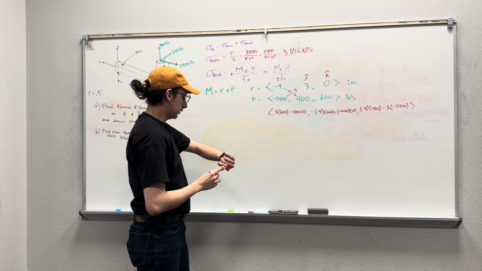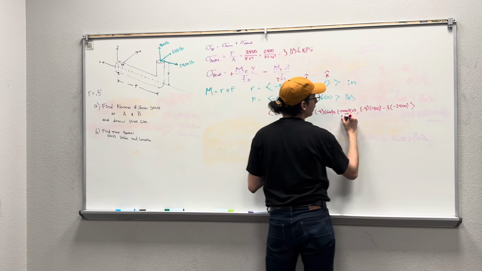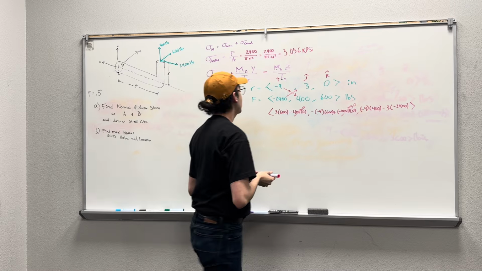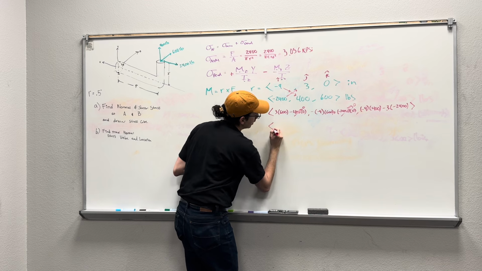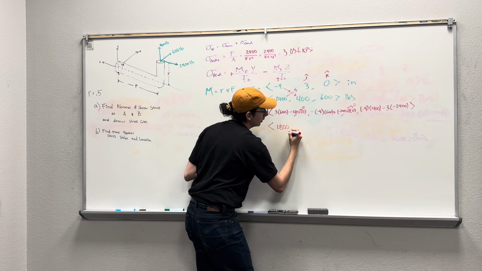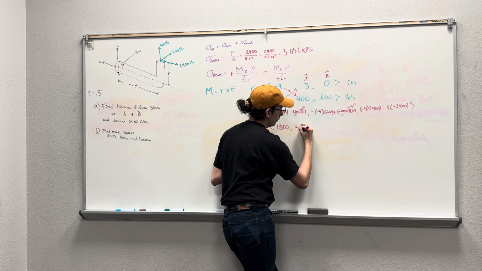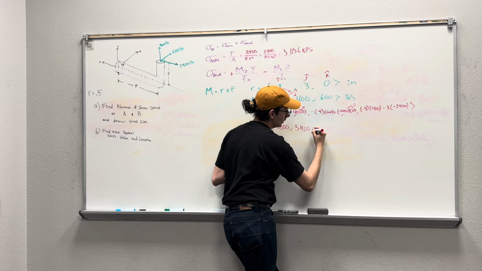Simplifying that, I'm going to have this go to 0, that go to 0. And I'm going to end up with 1800, comma, and this is going to give me 5400.